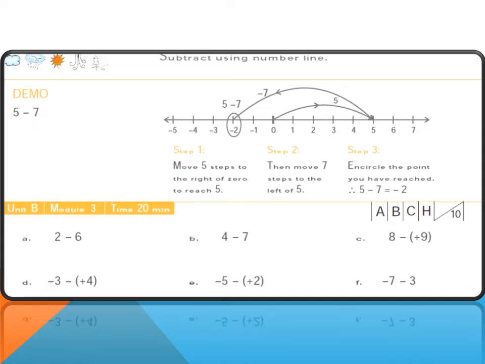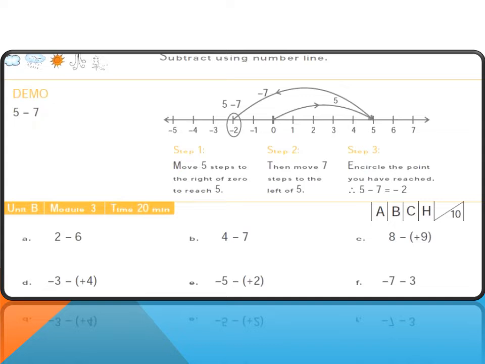So the first step will be to move 5 steps to the right of 0 to reach 5. The second step will be to move 7 steps to the left of 5 because there is a negative sign before 7. So we will move to the left hand side. And how many steps? 7 steps. Encircle the point you have reached.